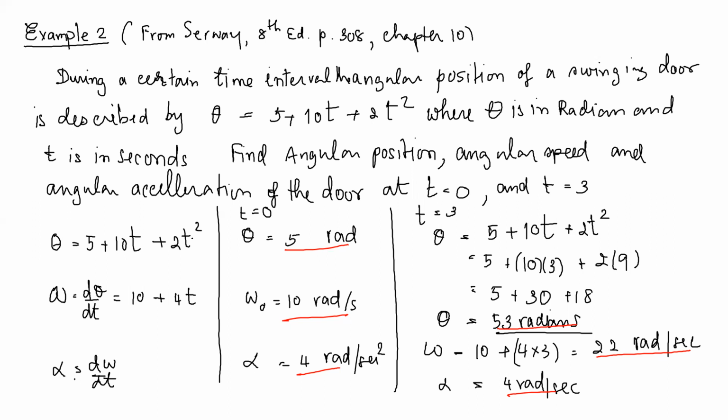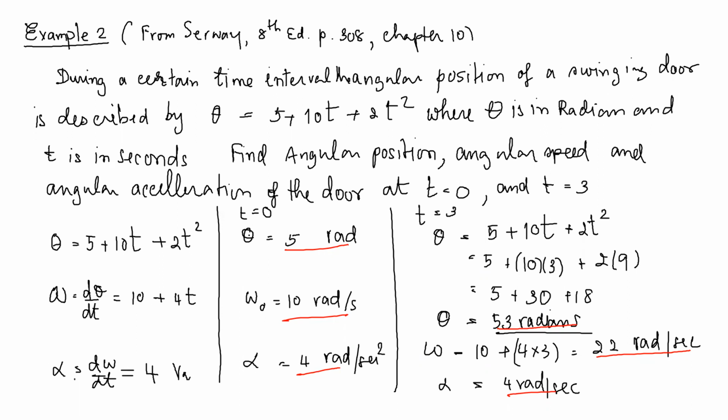The derivative of 2t squared, you get 4t. So you have omega is 10 plus 4t. And alpha is the derivative of omega by dt. The derivative of 10 is 0, and the derivative of 4t gives you 4. So this is radian per second squared.